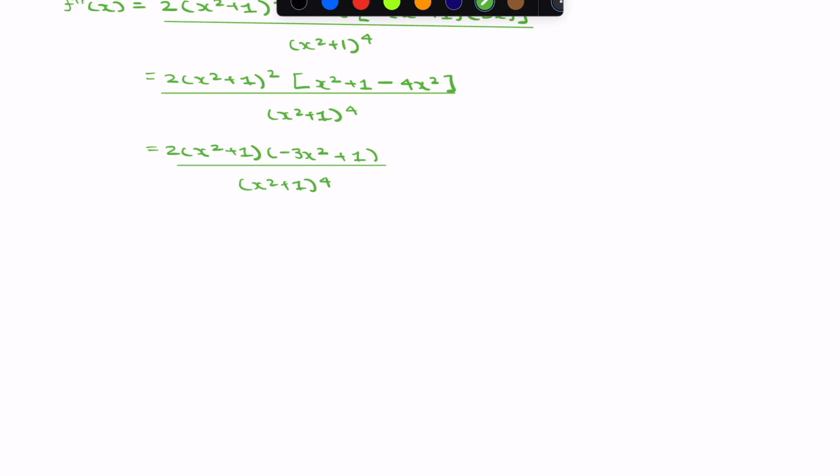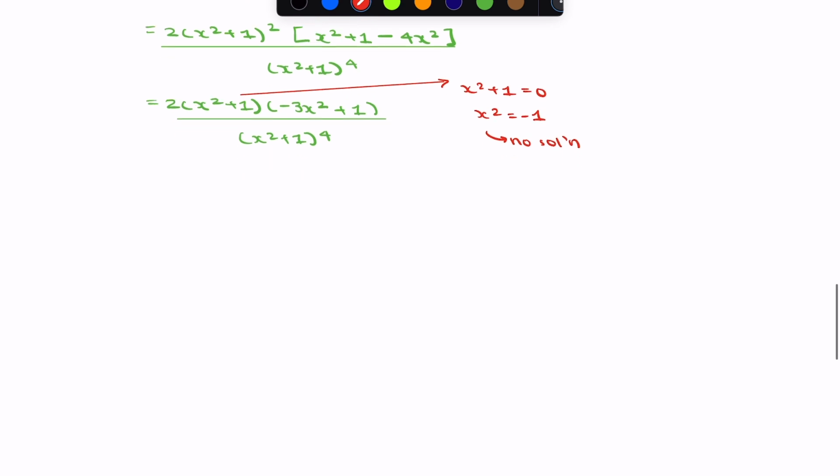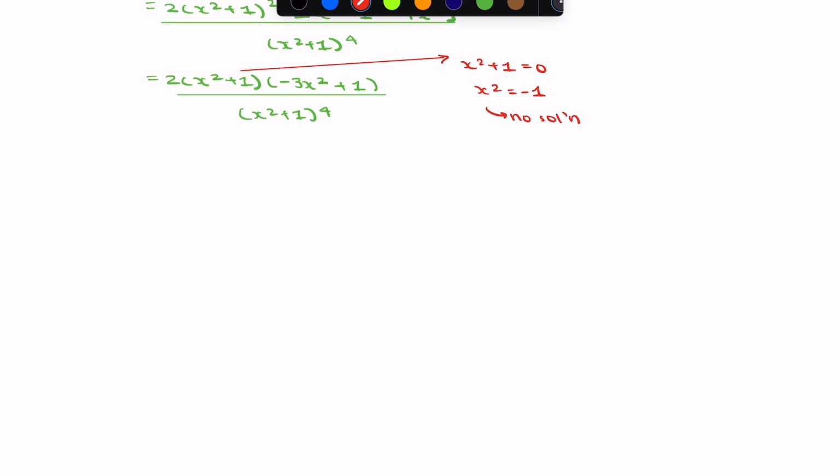And so here, if we look at a couple of solutions, so look at x squared plus 1 is equal to 0, x squared is equal to negative 1, and we can't square root a negative, so here there'd be no solution. Then we'll look also at negative 3x squared plus 1 equal to 0. So 1 is equal to 3x squared, 1 over 3 is equal to x squared.